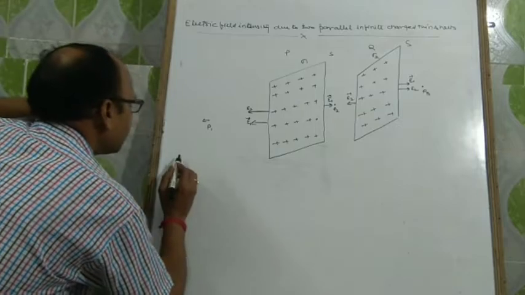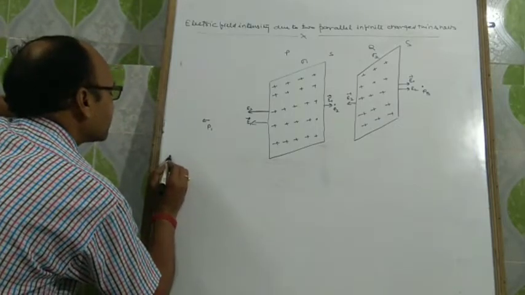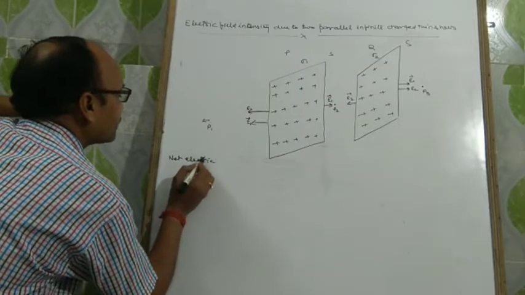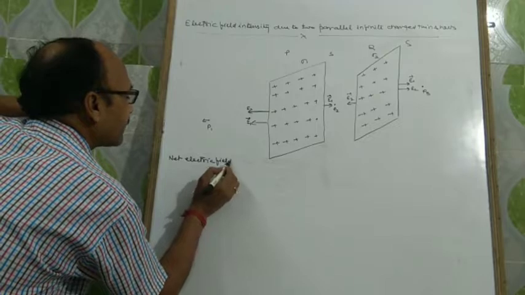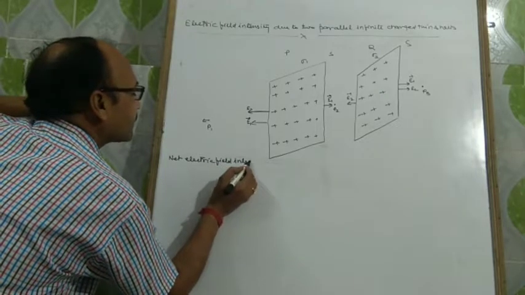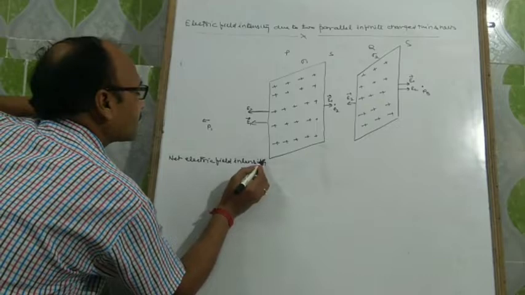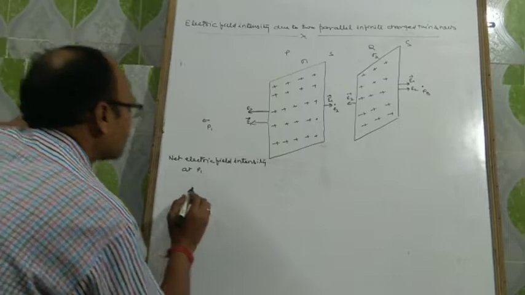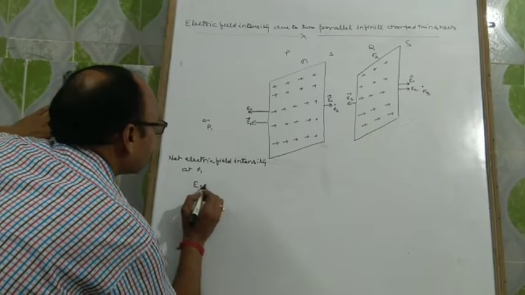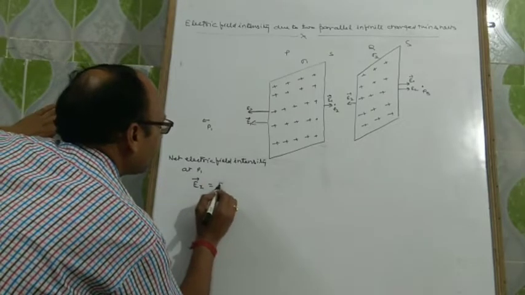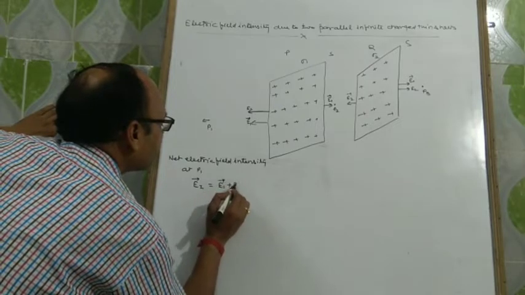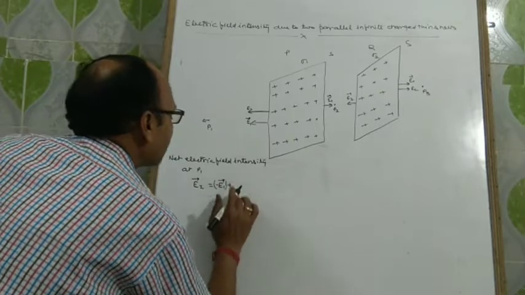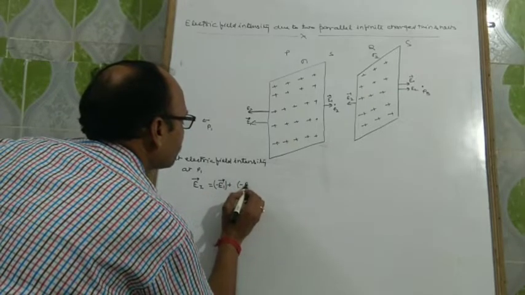Now first of all we have to find out the net electric field intensity at P1. E first will be equal to E1 plus E2. But this E1 is negative and this is also negative.